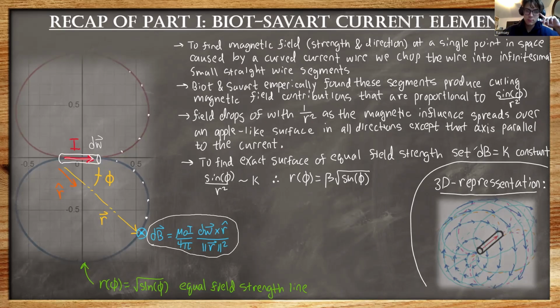And so to do that, you take dB, the magnetic field contribution by this little chunk, and you set it equal to a constant. In this case, Biot and Savart said sine phi over r squared. That's what they found empirically. And you set that equal to a constant. When you solve that equation, you get a polar equation that says r of phi, the radius determined by the angle phi, to have equal field strengths is equal to some constant times the square root of sine of phi. And when you graph that out on Desmos, like I've done over here, this is the shape that you get.